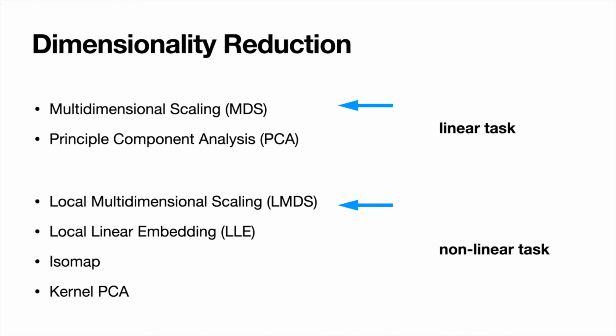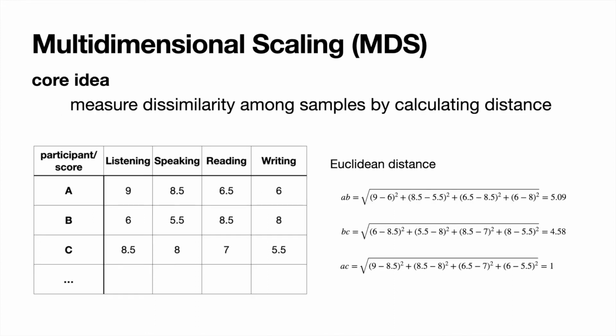For multidimensional scaling, the main idea is to find the dissimilarity among samples by measuring the distance. Let's go back to the previous example about the IELTS score. Instead of using the scatter plot to find the correlation, this time we calculate the distance between each pair of samples.